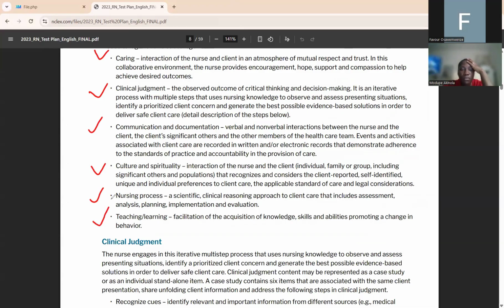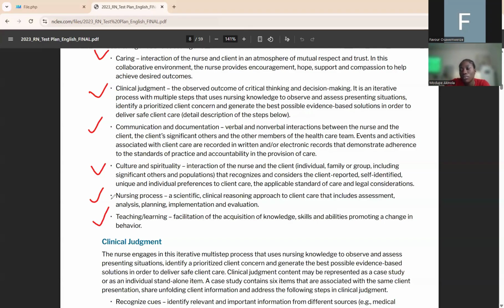When you see your question, if you are unable to identify one of these 6 in that question, it means you don't understand the question. When you see a particular NCLEX question, you are identifying one of the 3 things: 1, the client need; 2, the content; 3, the concept.